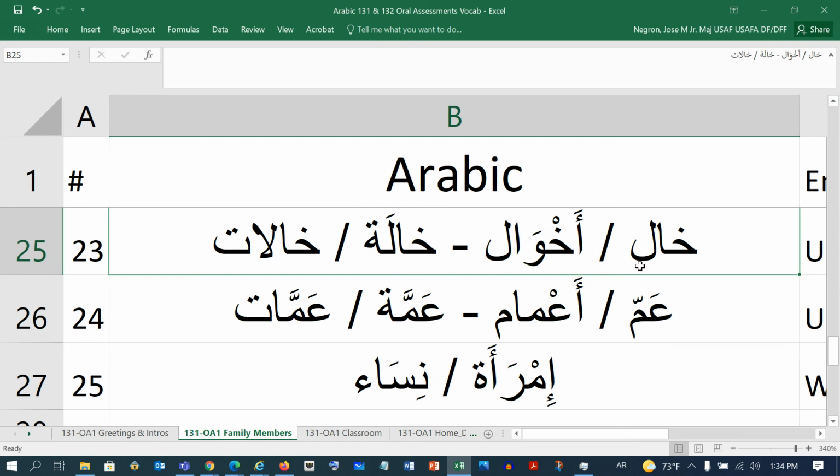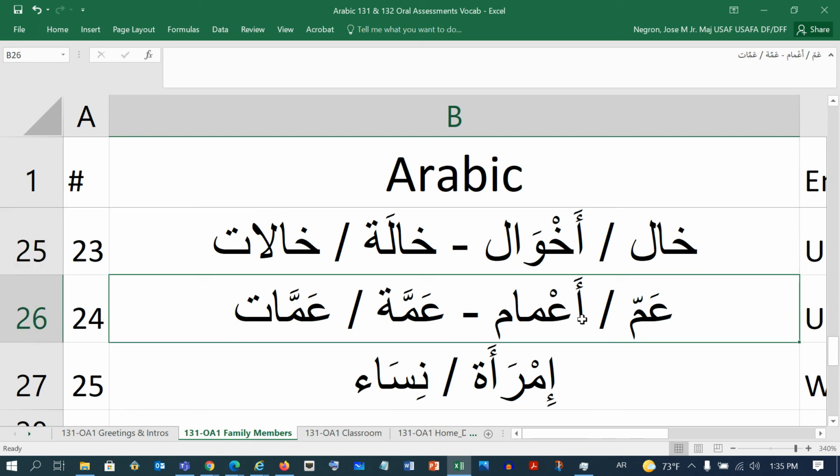The plural of khal is akhwal, and the plural of khala is khalat. Khali, khalati, this is when you add the possession to the end of them, right? Akhwali, khalati.